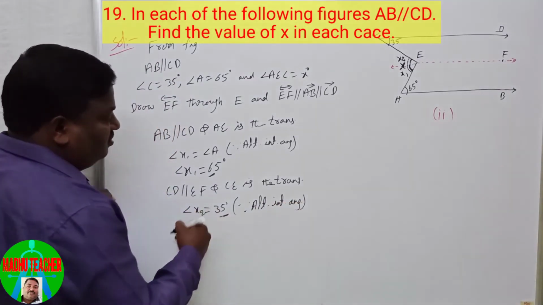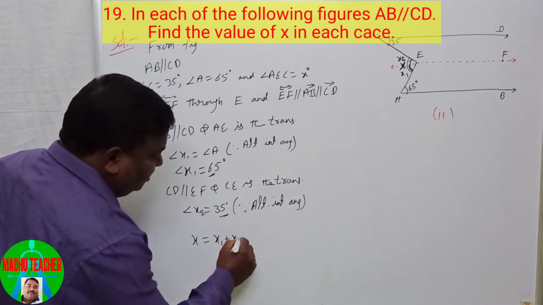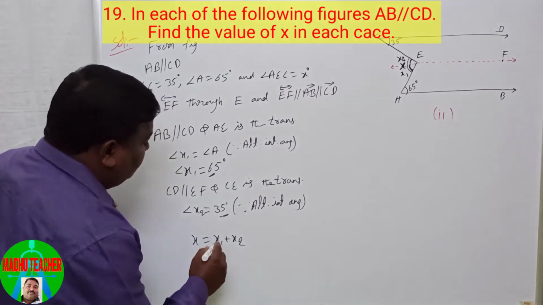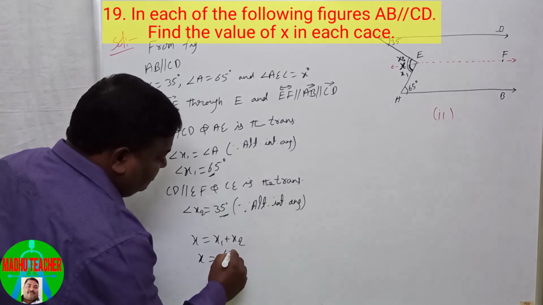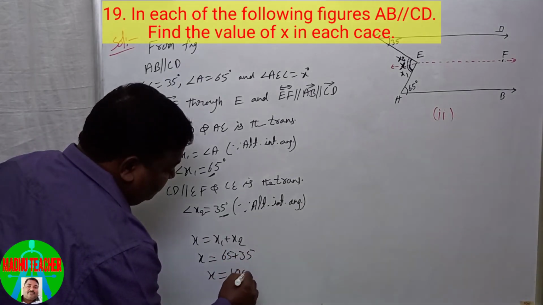So x2 equal to 35. So what is x? x equal to x1 plus x2. That is x equal to x1, 65, plus 35. That is x equal to 100 degrees.